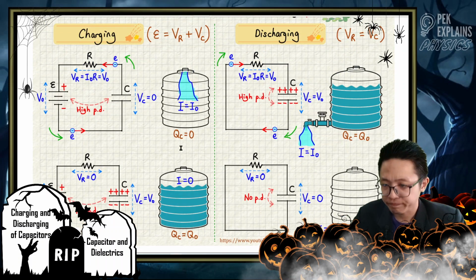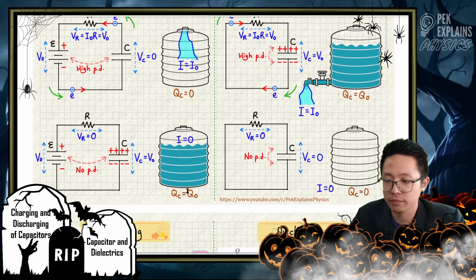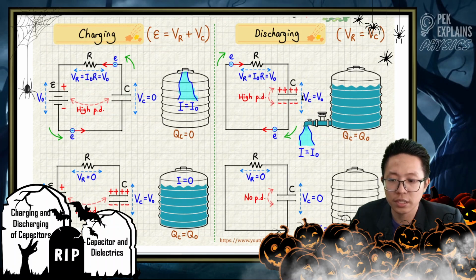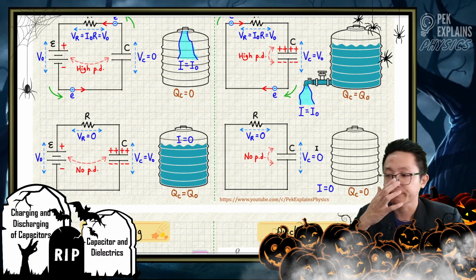For charging, VC goes from 0 to V0. For discharging, VC goes from V0 to 0. For charging, QC goes from 0 to Q0, just like VC from 0 to V0. For discharging, Q0 becomes 0, just like VC from V0 becomes 0.